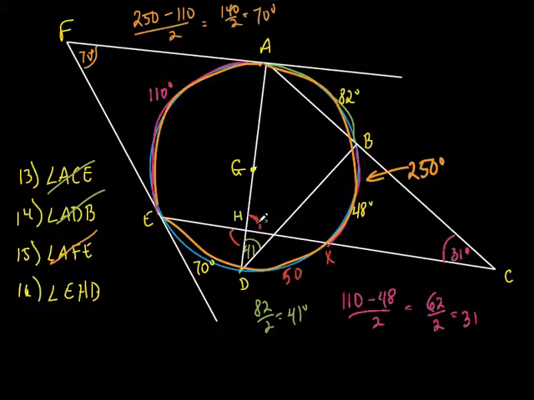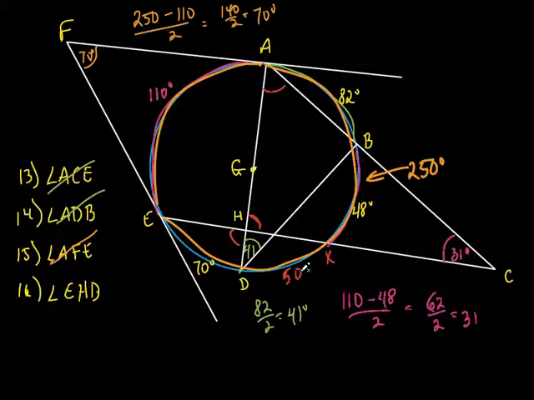So if we find this angle, it's the same as this one right here. So look at the triangle. Look at triangle AHC. Everybody see that one? Right there. So if this is 31, we should be able to figure out this angle right here, shouldn't we? It's an inscribed angle. So look, it's this arc right here, which is what? 98.